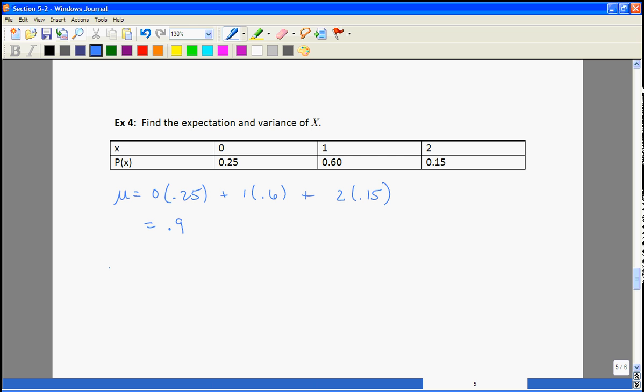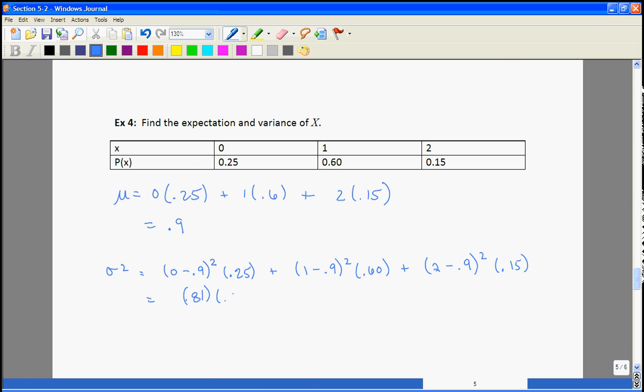Now, if we did the variance the old way, what we're used to, I take my value, subtract off the mean, square it, and multiply by its probability. Then take the next value, subtract off the mean, square it, and multiply by its probability. And then the last value, subtract the mean, square that, and multiply by its probability. We're going step by step here.